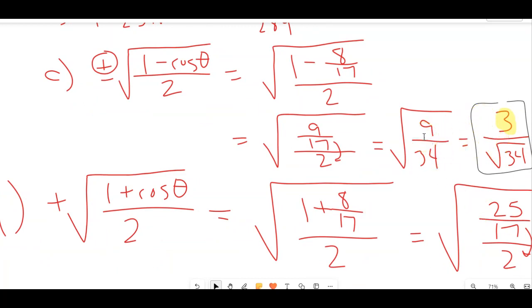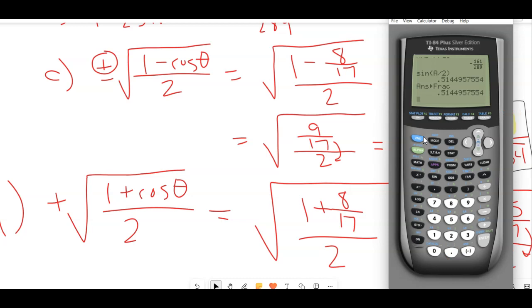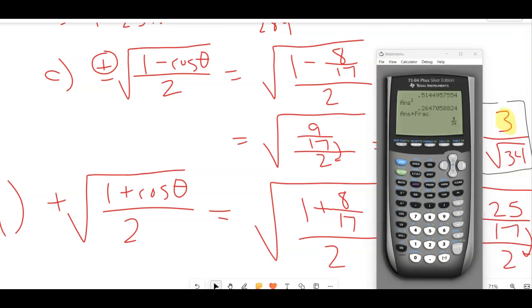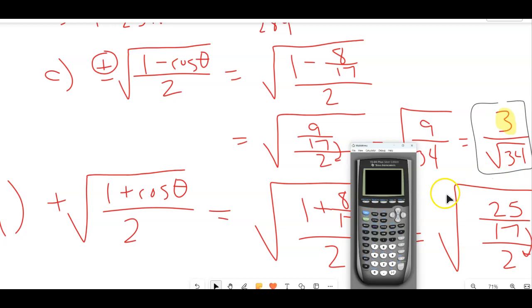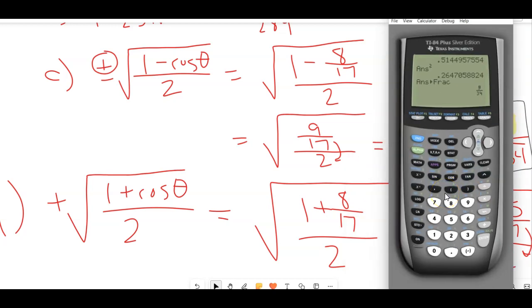So here's what you can do on that. Sometimes, again, you can't always, but if I square that, didn't like it. So let's see if it will convert that to a fraction. Yeah, it did. So there's 9/34. That's the squared value. So that's the 9/34 squared. So the square root would be the 3 over the square root of 34. So you can still play around with this and you can find out what these values are, the exact values, all with 100% the TI.